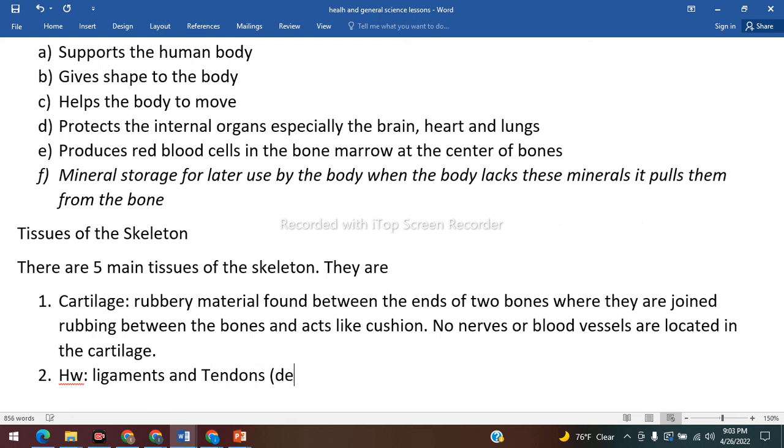So definition and explanation. Explain and give me some explanation about the ligaments and the tendons, these other two tissues. We almost done with it anyway. We have a lot more. Then we gotta go to joints.